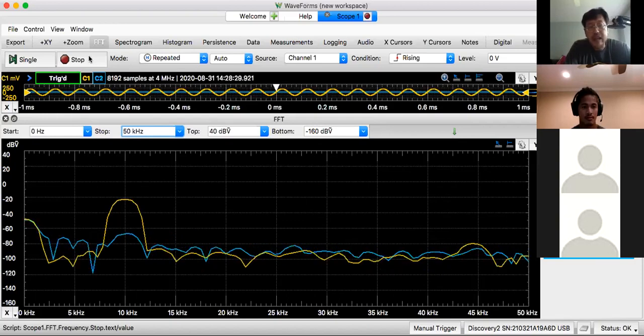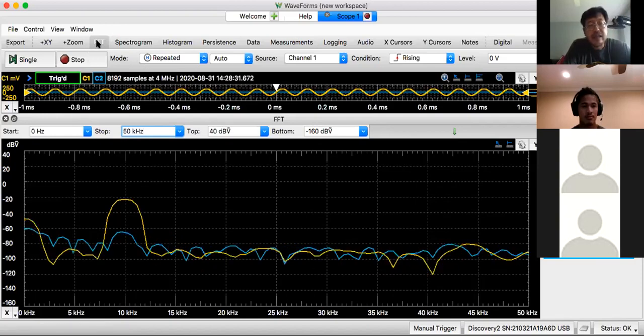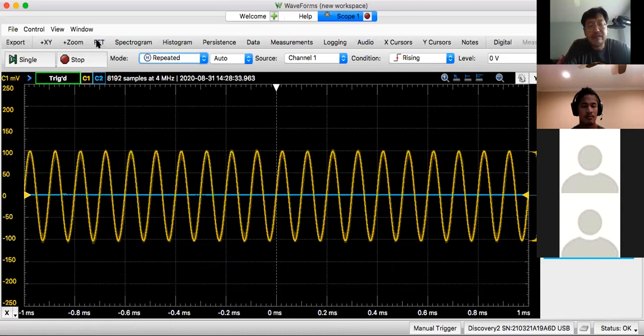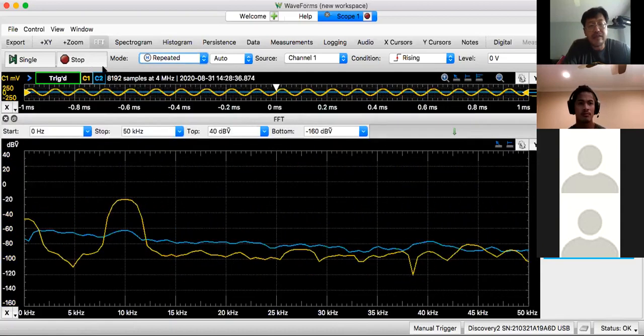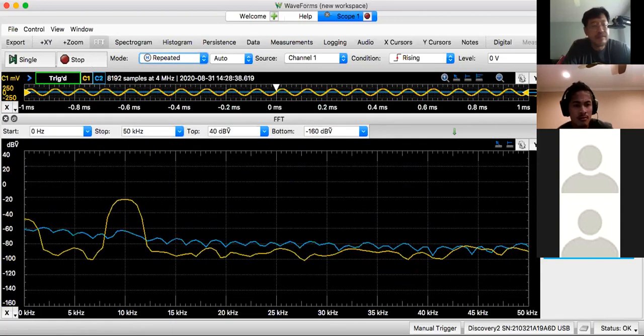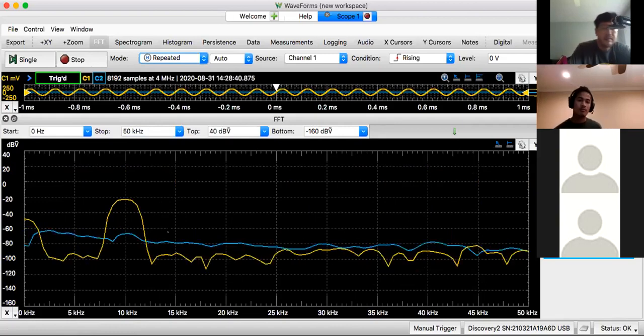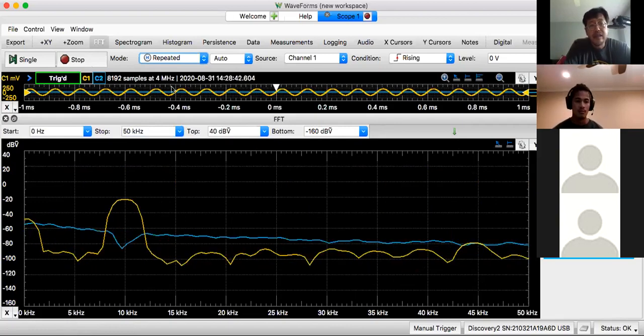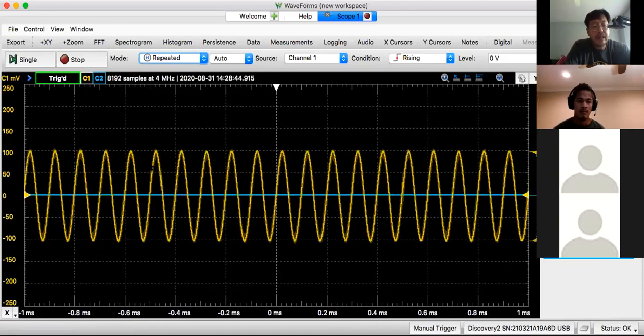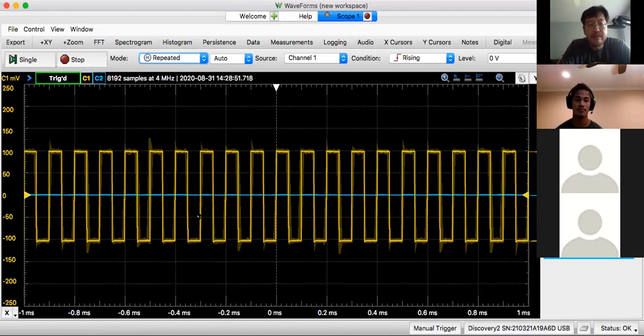So this is 10,000 hertz, and this is the FFT of 10,000 hertz. How about 10,000 hertz of this? That's 10,000 hertz. Let's do FFT.